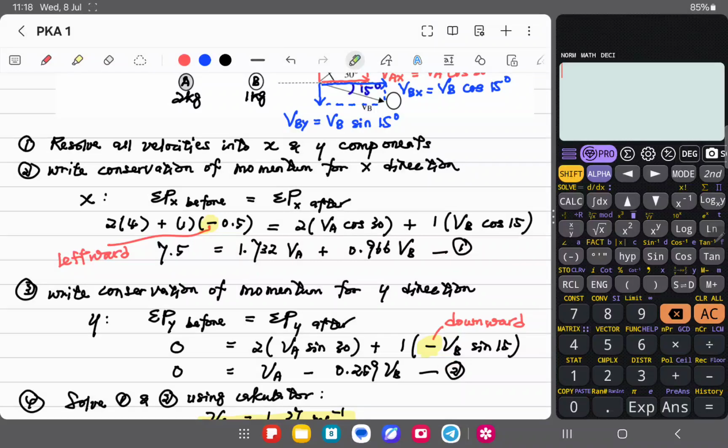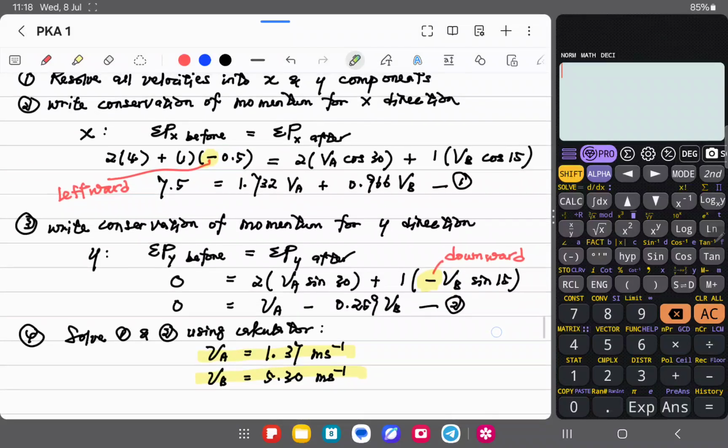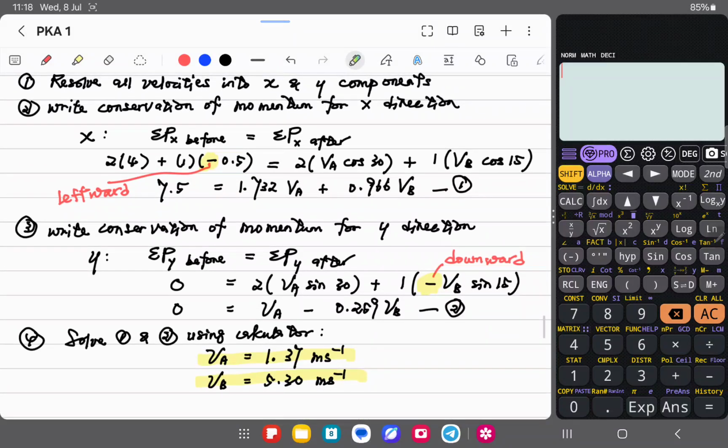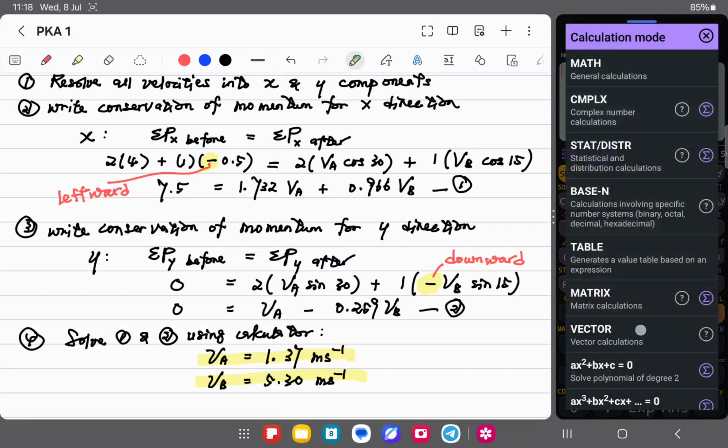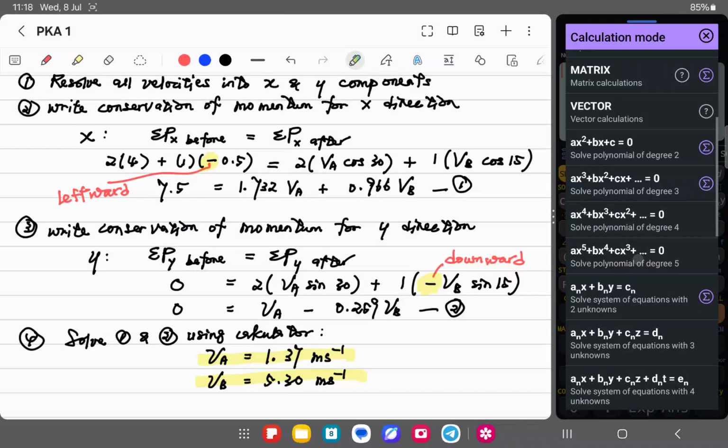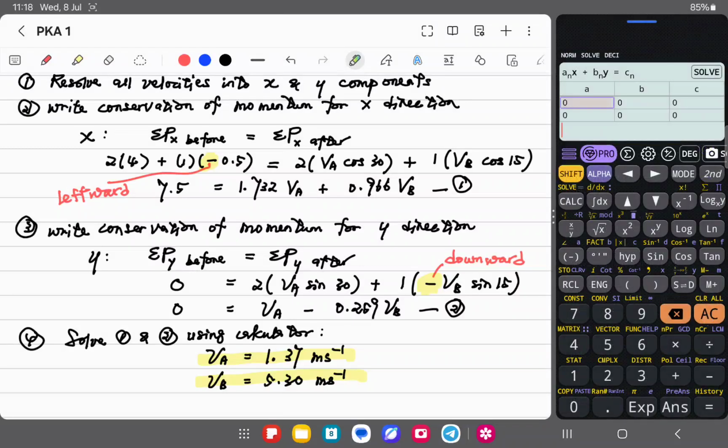So I'm going to press the calculator, and solve it using the calculator in order to obtain the value of VA and VB. So find the mode whereby you solve the simultaneous equation with two unknowns.